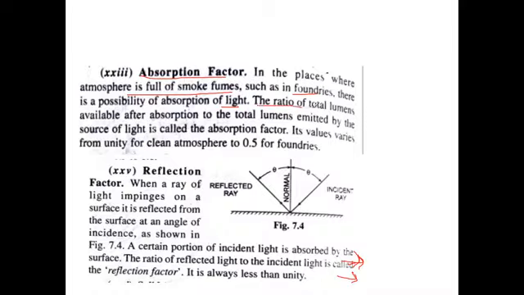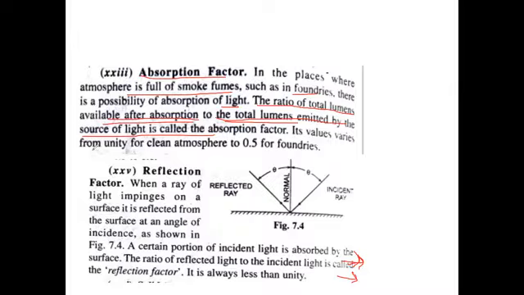So the ratio of total lumen available after the absorption to the total lumen emitted by the source of light is called the absorption factor. The total lumen emitted by the source of light is always more.